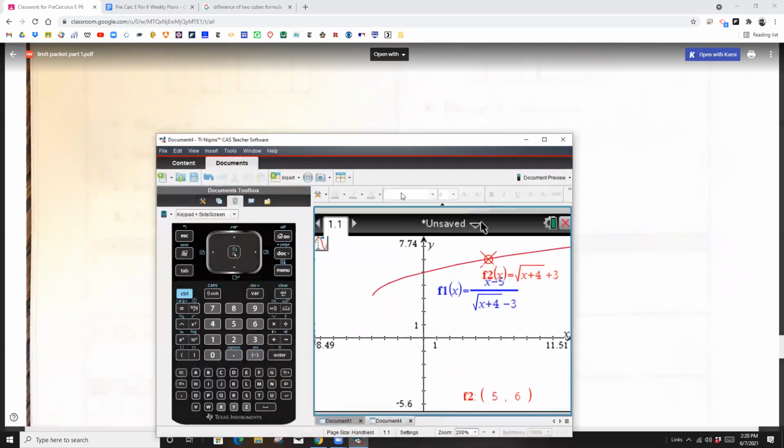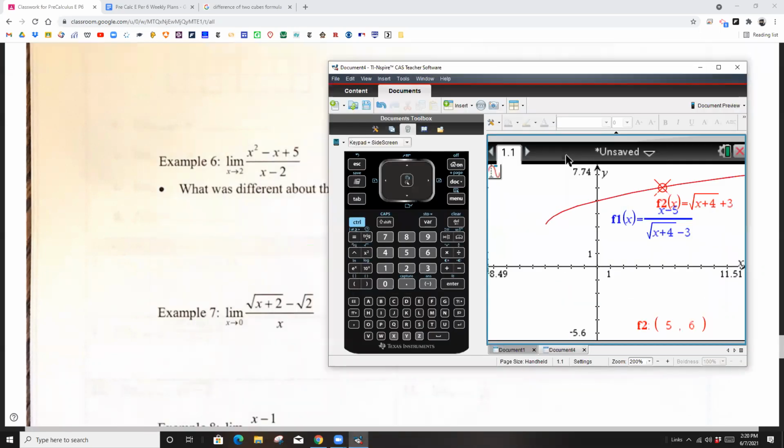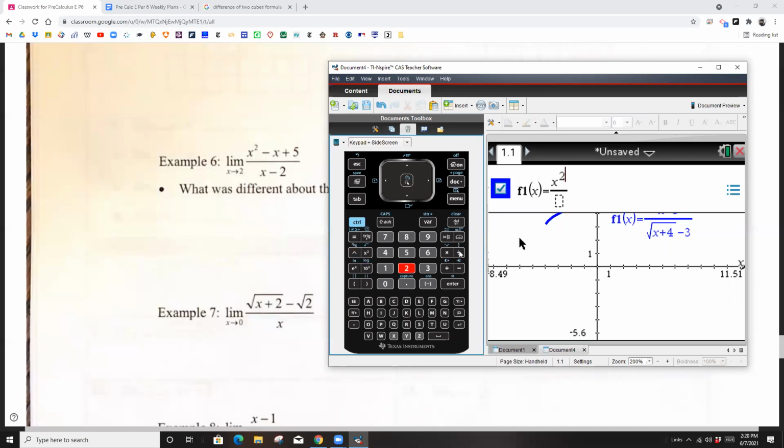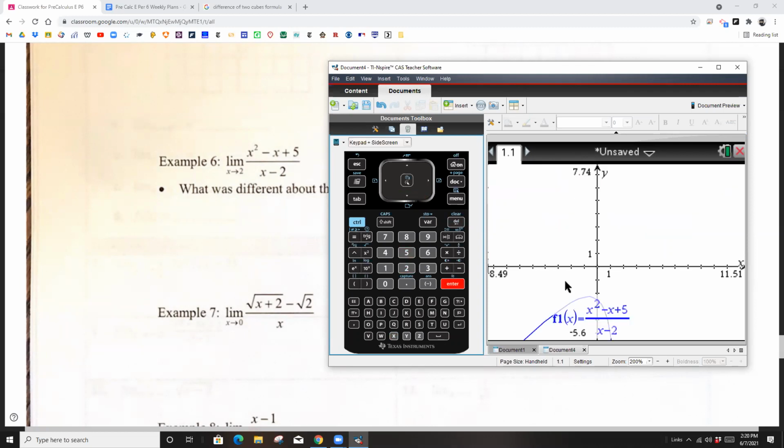And if you want to confirm that with a graph, which you should always do with these, if you have a graphing calculator, use it. There's a lot you can do, even if it's not using the CAS capabilities, the stuff that does all the work for you. I'm sure there's a way you could do limits on this calculator too, now that I think about it. I just haven't been teaching calculus long enough to know that off the top of my head. But if you want to explore that one day, bring it up in class and we can find it.